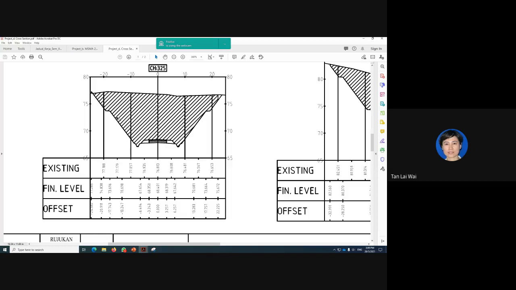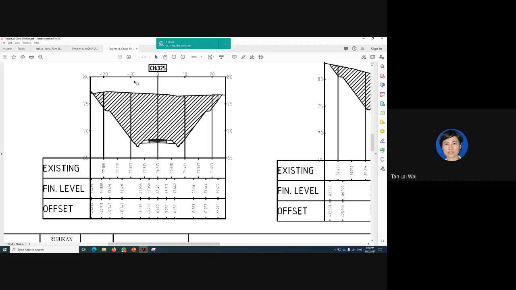Now, how would you know the slope of your drain? Let's look at this bench drain here. Now, this is the bench drain. The invert level, okay. Of course, this is the existing level. That means this level here is the finish level. And offset. Offset is from the center of the road, meaning the center of the road is 0.